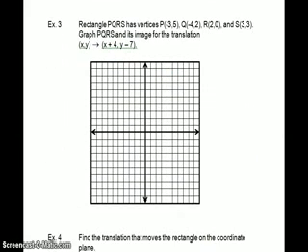Now we have rectangle PQRS with those vertices. We're going to graph the rectangle, and then we're going to translate it. So let's graph PQRS. P is at -3, positive 5. That's P. Q is at -4, positive 2, right there.